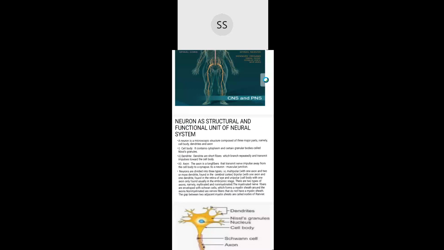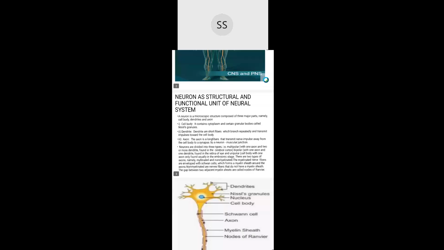Neurons are divided into three types: multipolar, one axon and two or more dendrites, found in the cerebral cortex; bipolar, which means one axon and one dendrite, found in the retina of the eyes; and unipolar, cell body with one axon only, found usually in the embryonic stage.